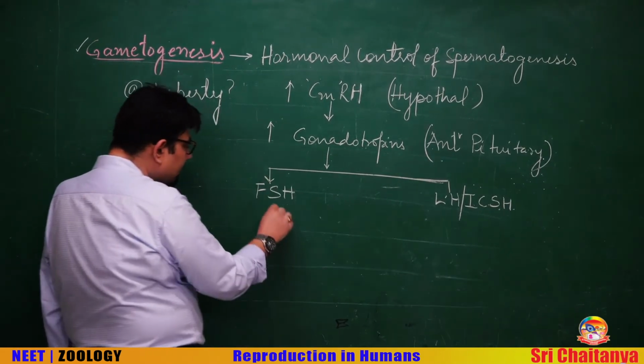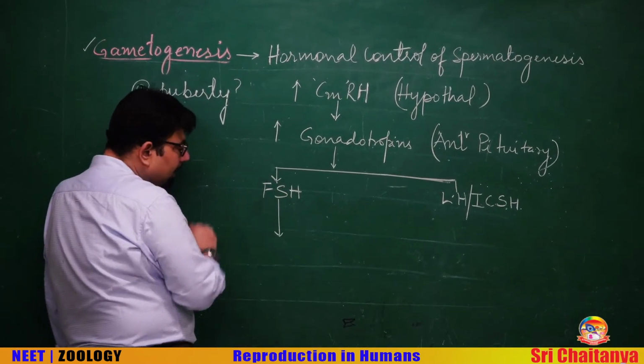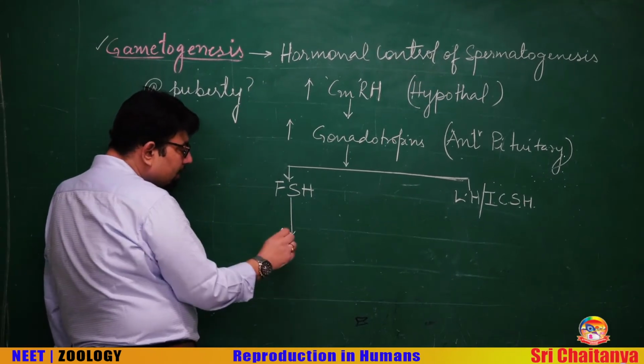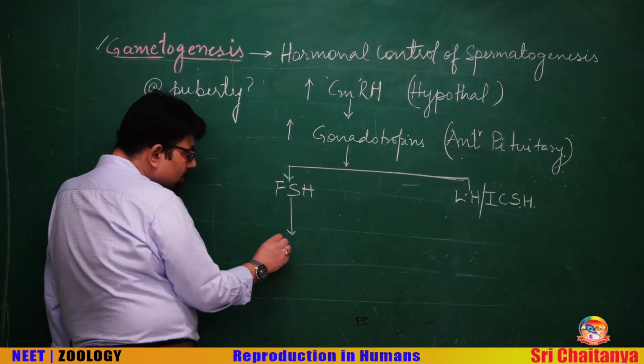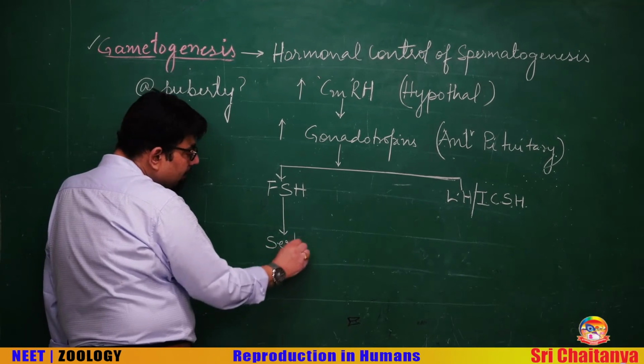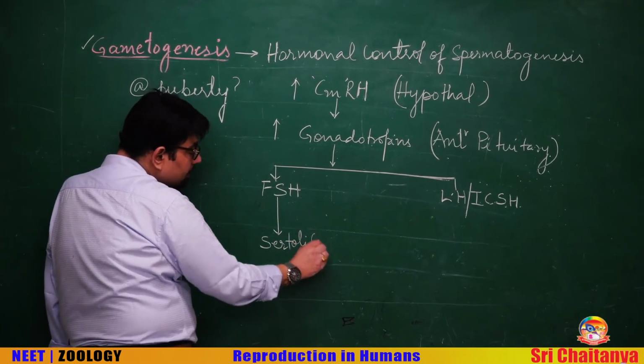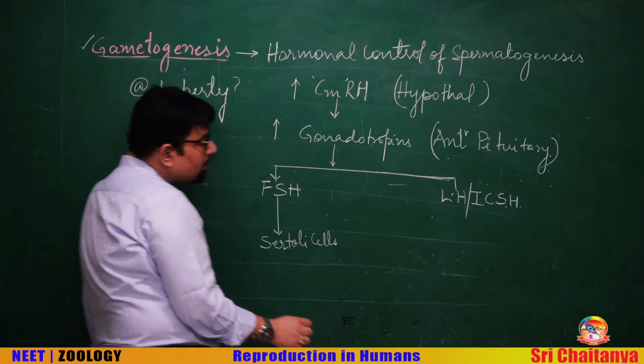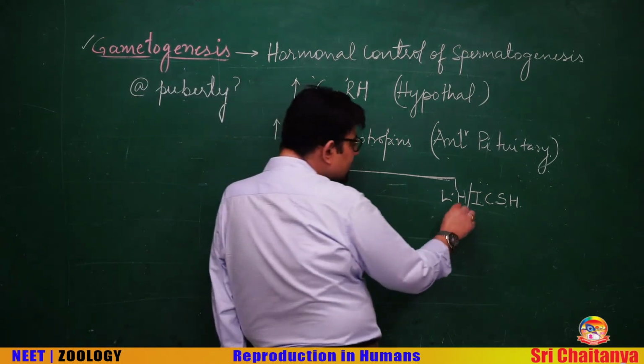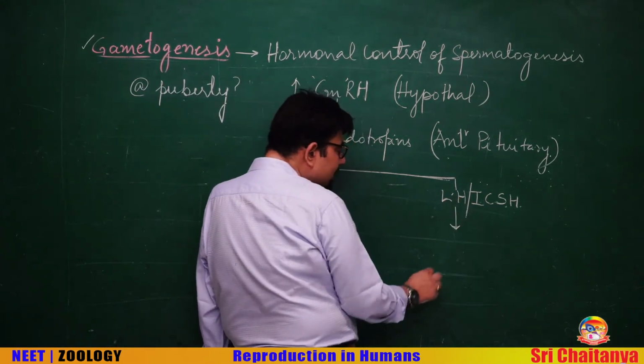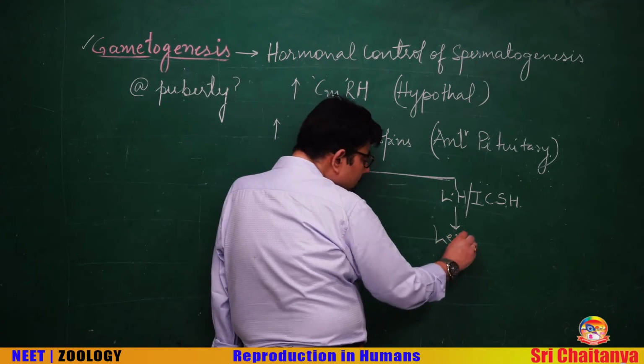Remember that FSH acts in the gonad, upon a cell called the Sertoli cell. Sertoli cells, the nurse cells, whereas LH or ICSH acts upon a cell in the gonads called Leydig cells.